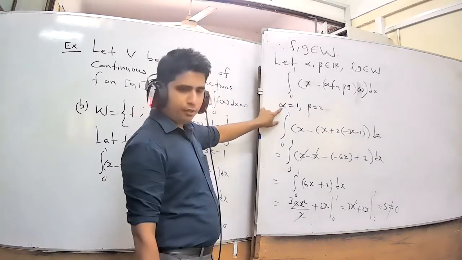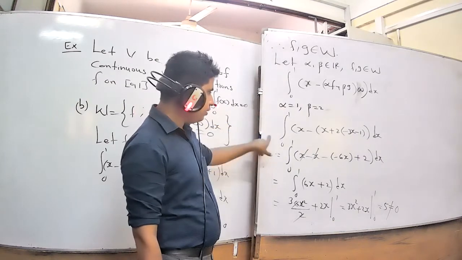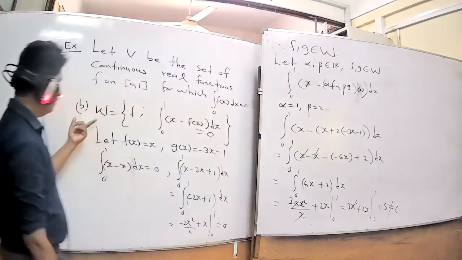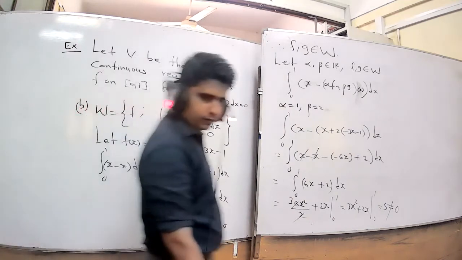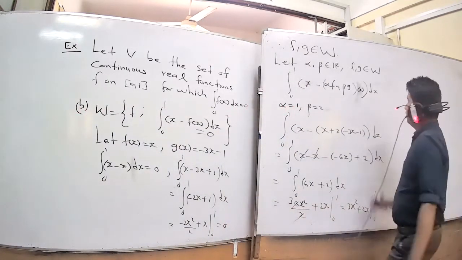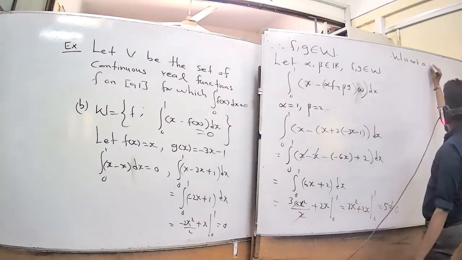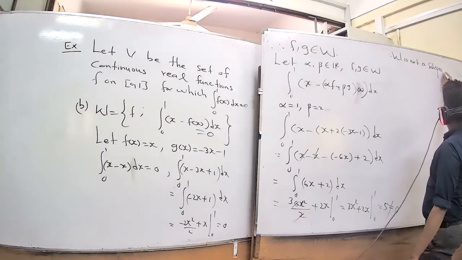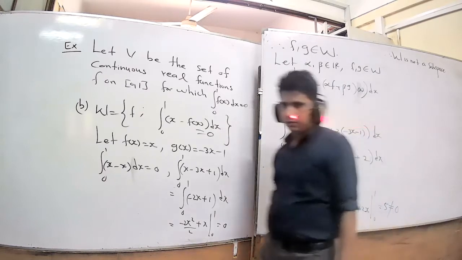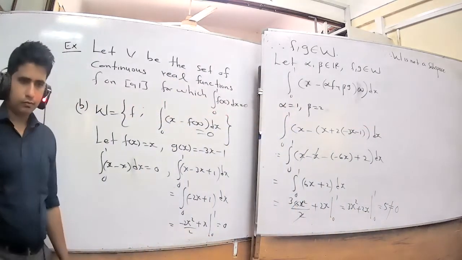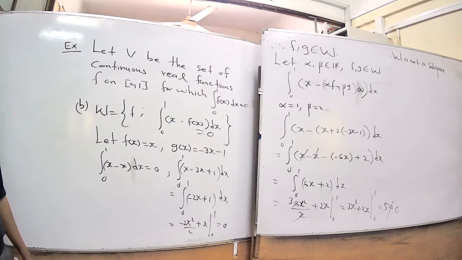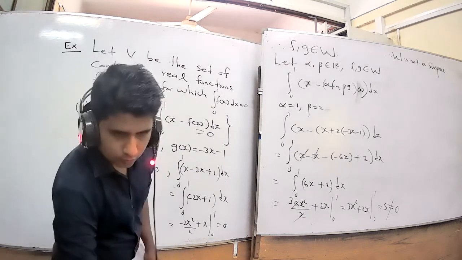Arbitrarily, you can take two values alpha and beta, and this condition is not satisfied. Therefore, W is not a subspace.